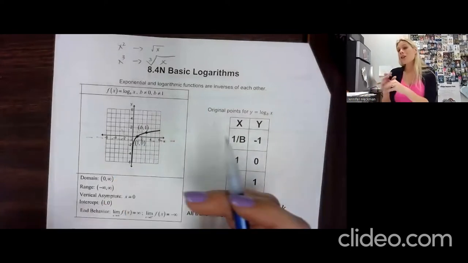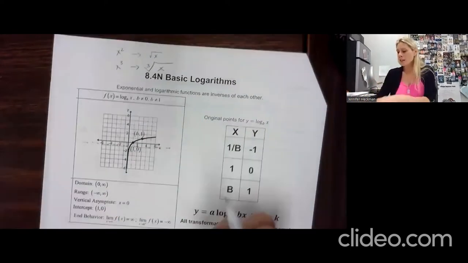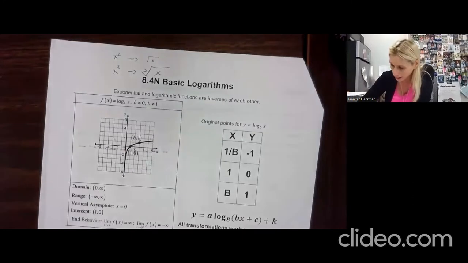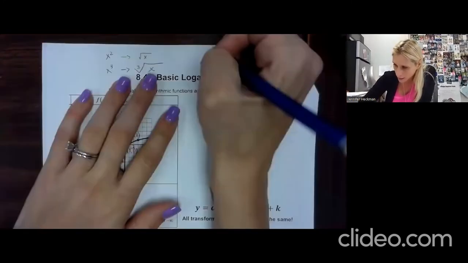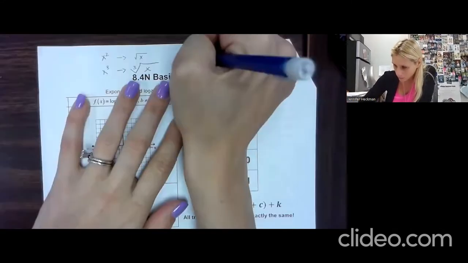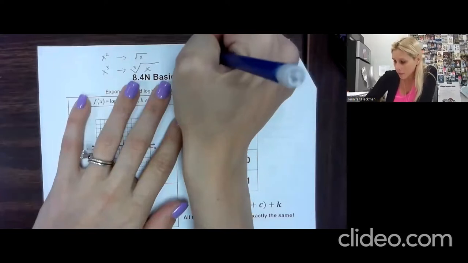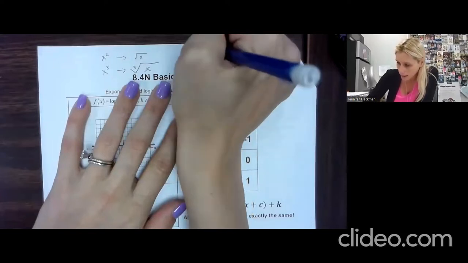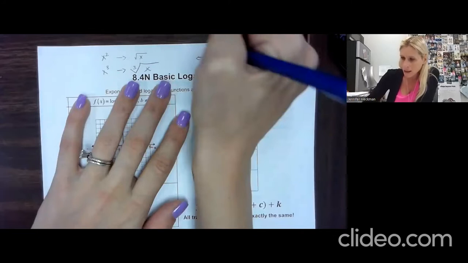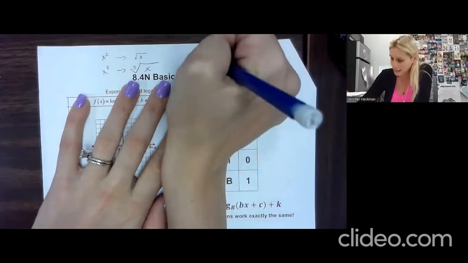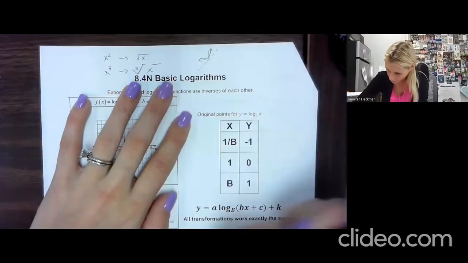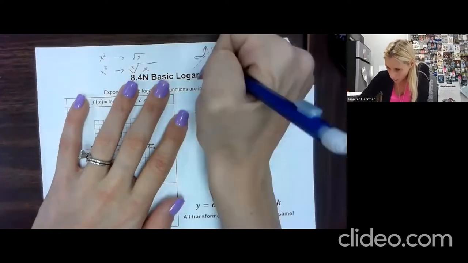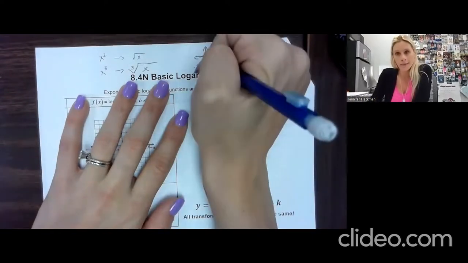It's because if you ever compare inverse graphs, so if this is our exponential, the inverse function will always reflect y equals x. Okay? And there is our log.